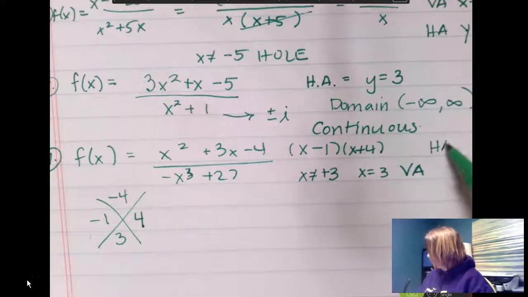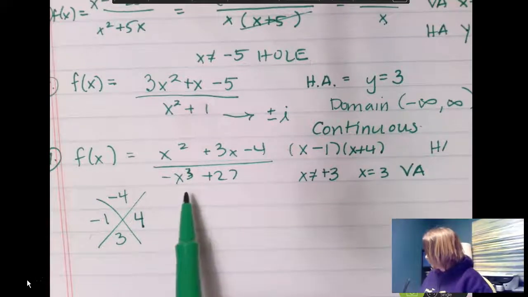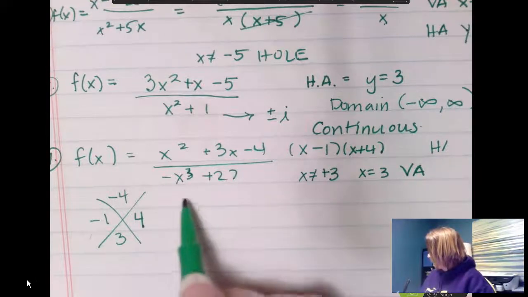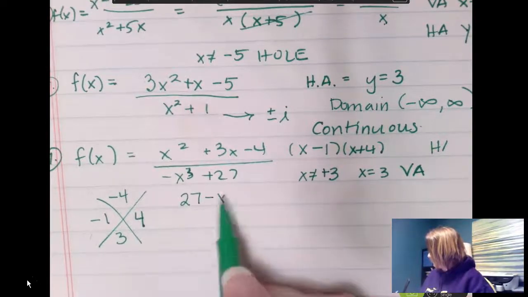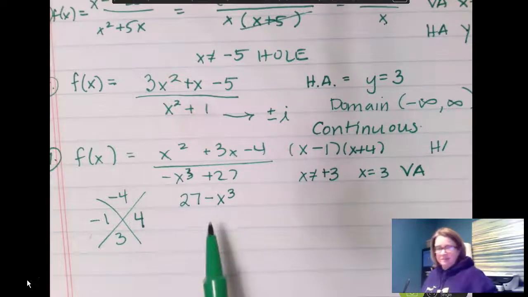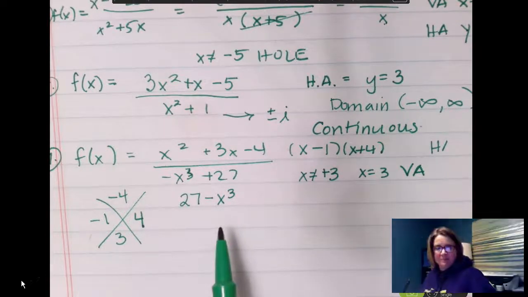So that's not going to make our horizontal asymptotes. Hold on just a second. So one more thing, if I were to rewrite this denominator as 27 minus x cubed, I want to remember that there is a way to factor a difference of cubes.